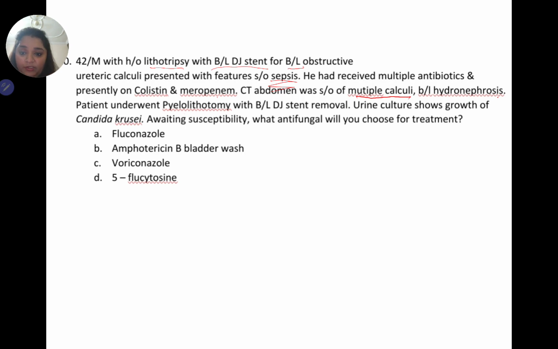The patient underwent pyelolithotomy, that is source control, with bilateral DJ stent removal. Good. So urine culture now shows growth of Candida krusei. Awaiting the susceptibility, what antifungal will you like to start? Will you give fluconazole, amphotericin bladder wash, voriconazole, or 5-flucytosine?